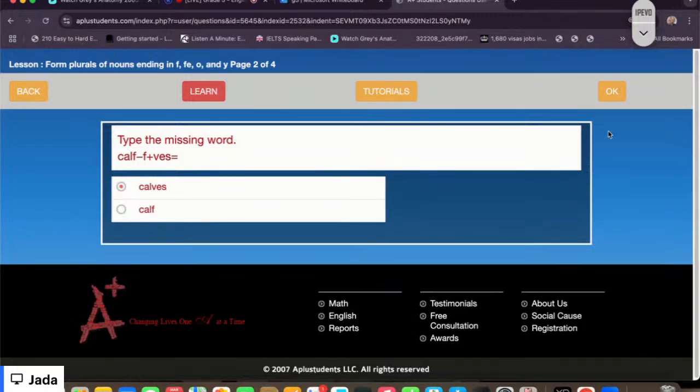All right, so we have the option one. And then safe. What's the answer here? Okay, so safes.